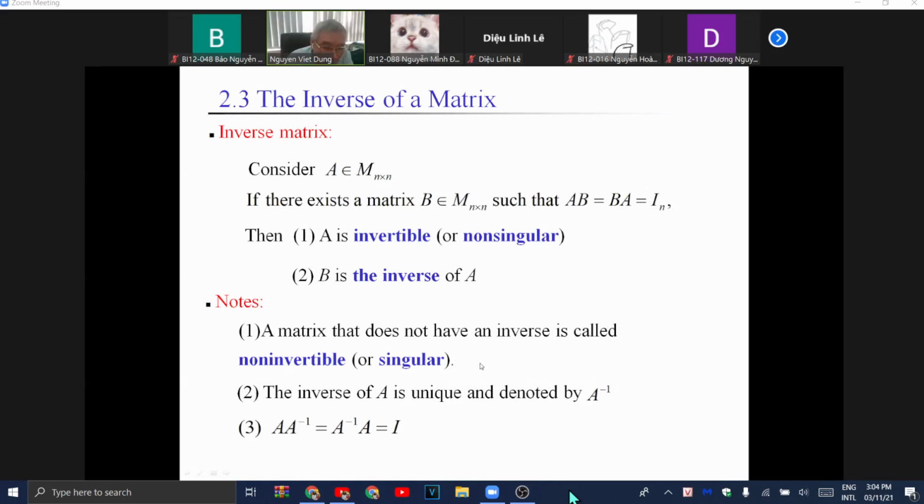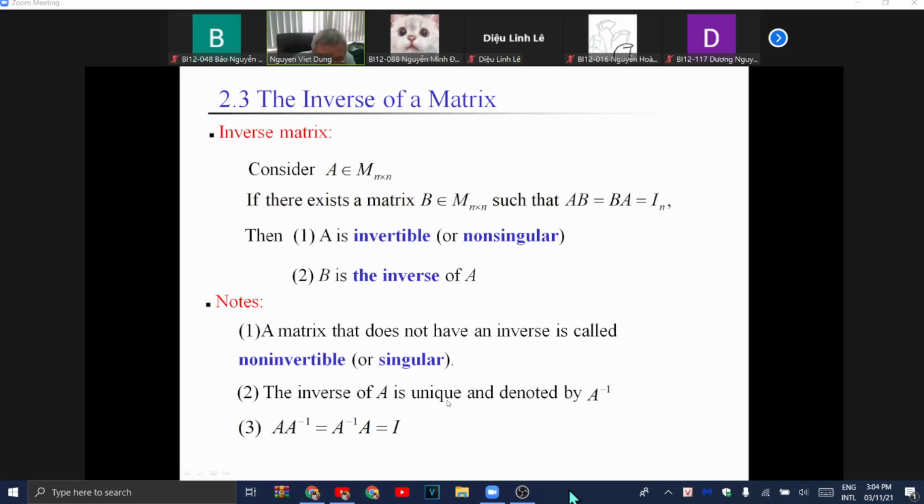In case a matrix A does not have an inverse, meaning we cannot find a matrix B satisfying that equality, we say that A is non-invertible, or we say A is a singular matrix. If such a matrix B can be found, it means the inverse of A can be found.